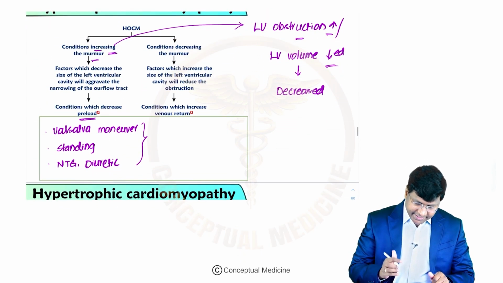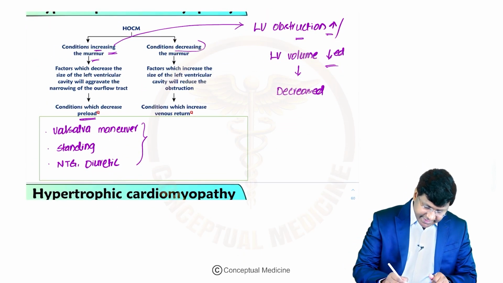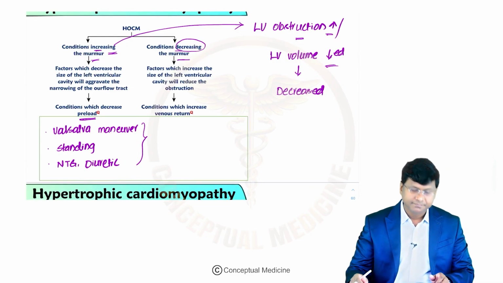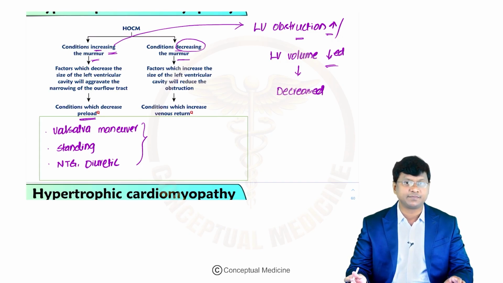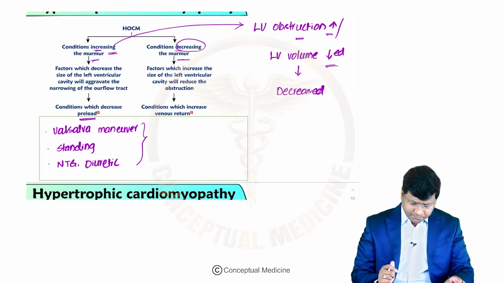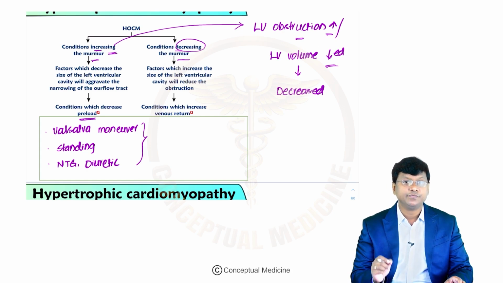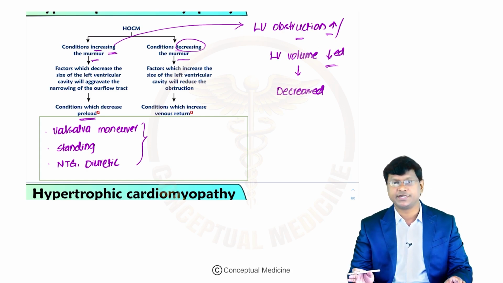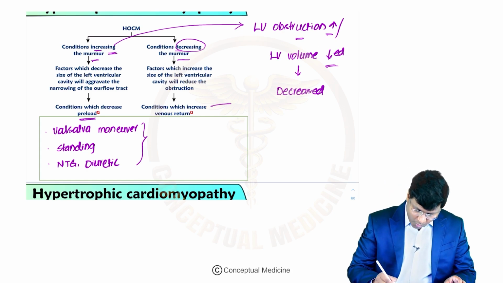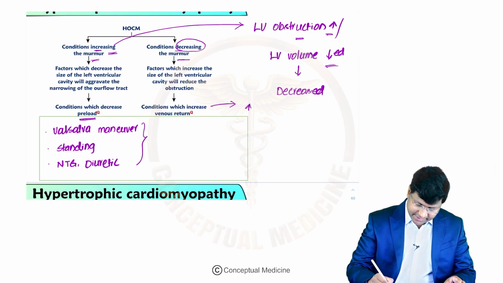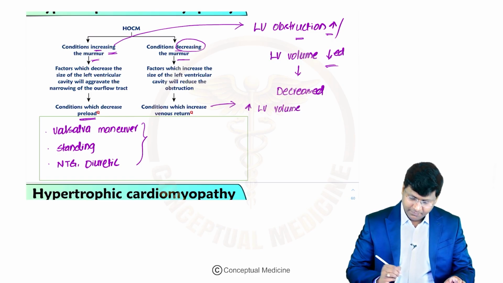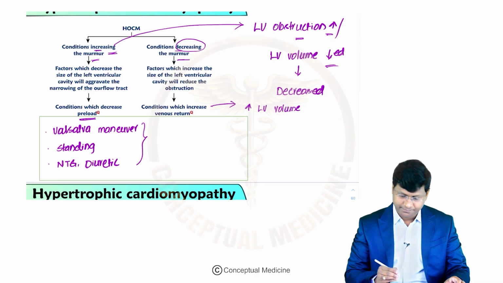And you see the conditions where there is decrease in the intensity of the murmur. See, conditions which increase the venous return. Whichever condition will increase the venous return will increase the LV volume.